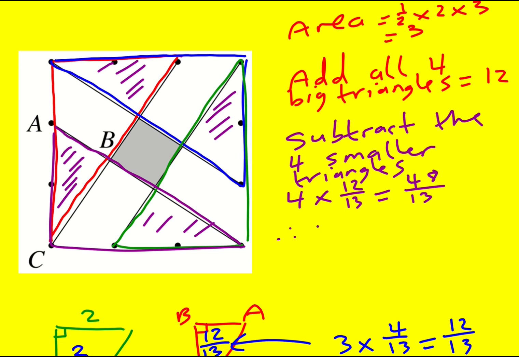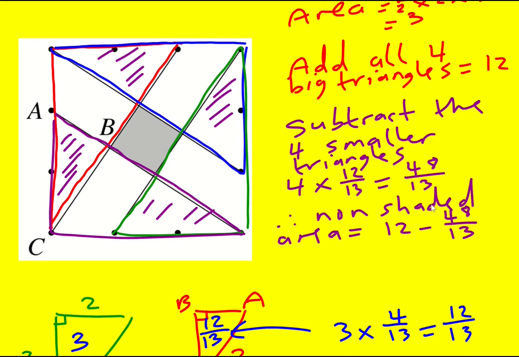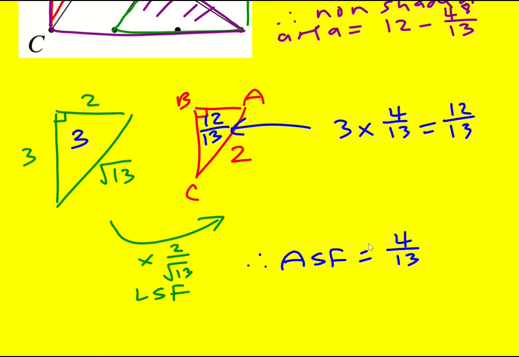And therefore, the non-shaded area is going to equal 12 minus 48 over 13. Now I could figure that out, but actually remember I want the shaded area. So the shaded area is then the area of the really big square, which is just a 3 by 3 squared, so it's 9, minus this non-shaded area.